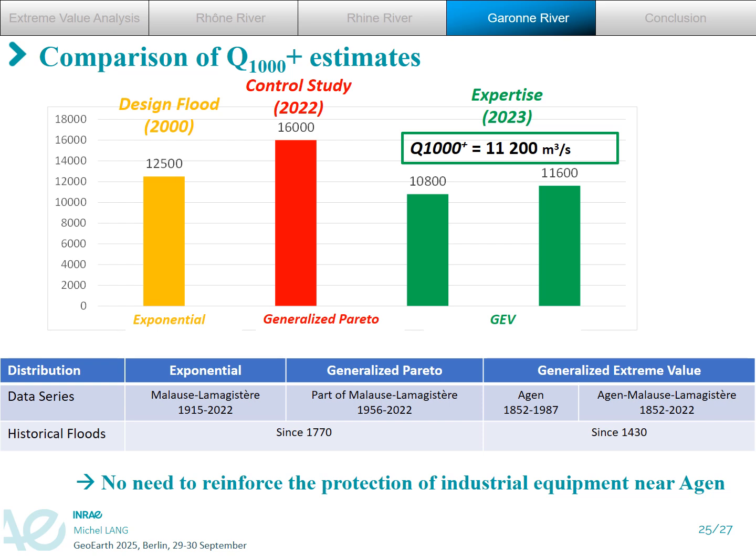We have an estimate of about 11,200 Qmax, which is near the design flood estimated in 2000. The conclusion was that there was no need to reinforce the protection of the nuclear power plant.